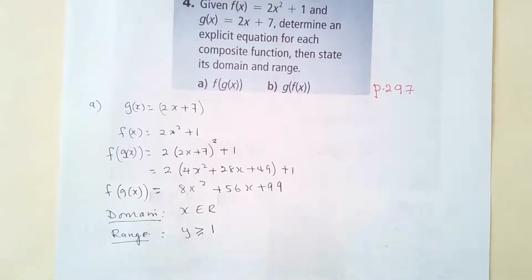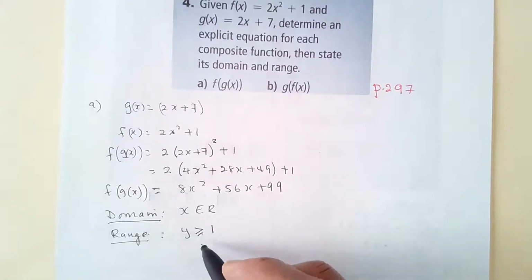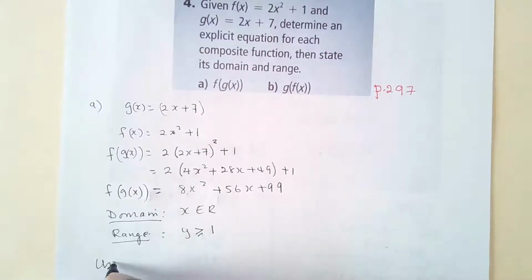And you can use decimals for this example in the calculator. I used a graphing calculator, and I found that the minimum of this quadratic is 1. So the range is y is greater than or equal to 1. So you can use decimals to find the range.